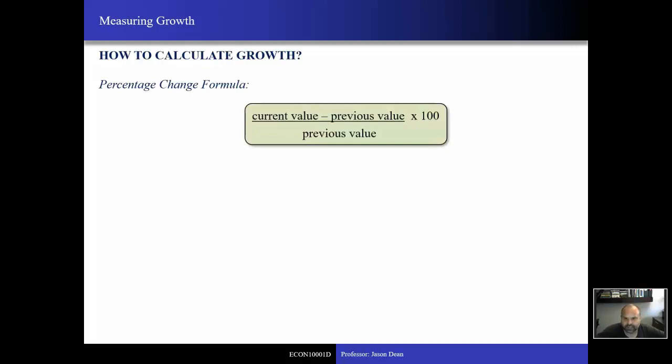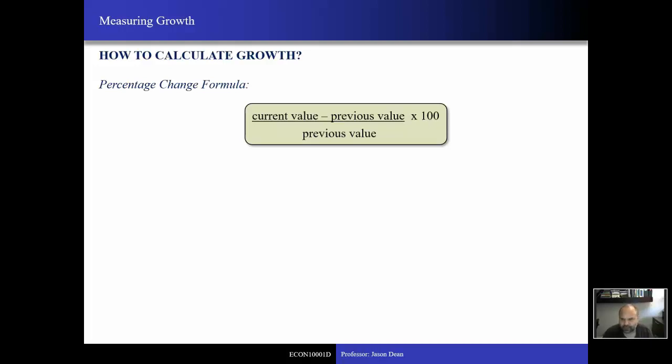A percentage change is simply taking the current value minus the previous value, dividing by the previous value, and then multiplying that by 100. So for example, if we were talking about the price of a can of Coke, so let's say the can of Coke today is $3, yesterday it was $2. In terms of a percent, how much did it increase?